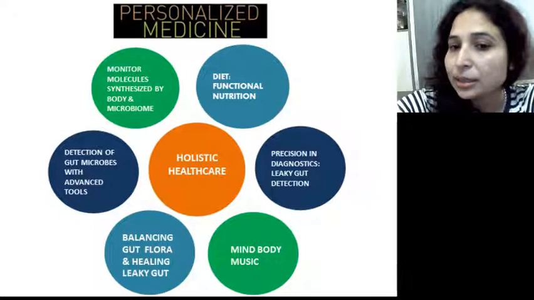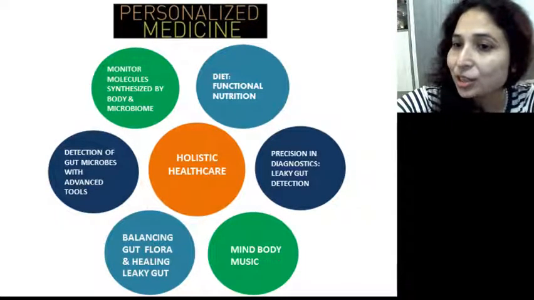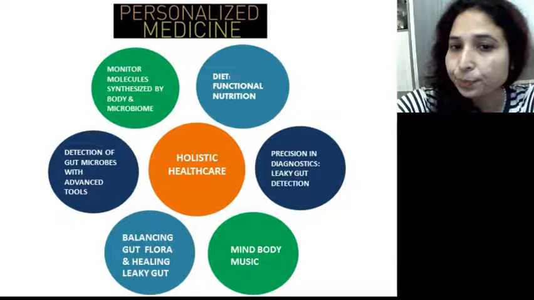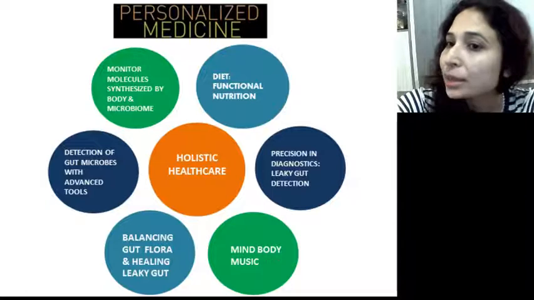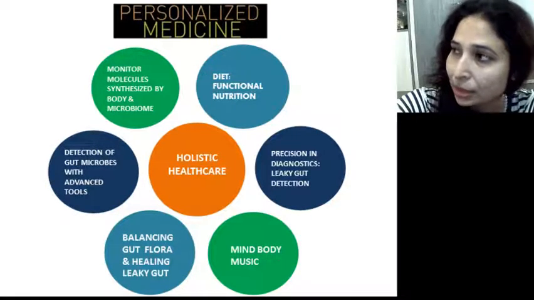The next part is how we can balance the gut microbiota and also heal the leaky gut condition to get better digestion and absorption of the nutrients. The next part is detection of these microbes with advanced tools. Nowadays there are many tools available for the detection of these gut microbes.